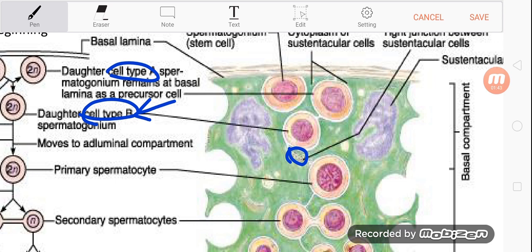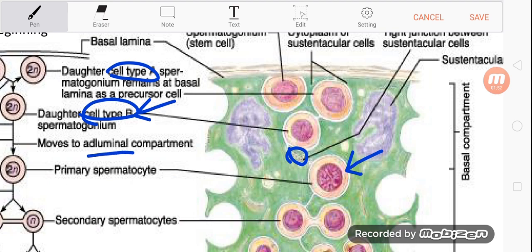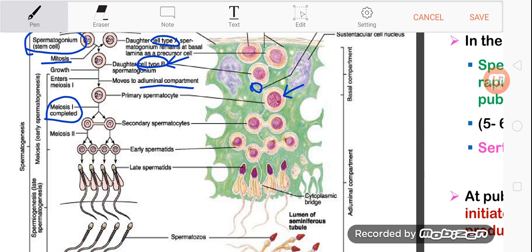And now we call it primary spermatocyte. This primary spermatocyte is at the luminal compartment. This primary spermatocyte starts to enter meiotic division 1, and upon completion, we call it secondary spermatocyte.